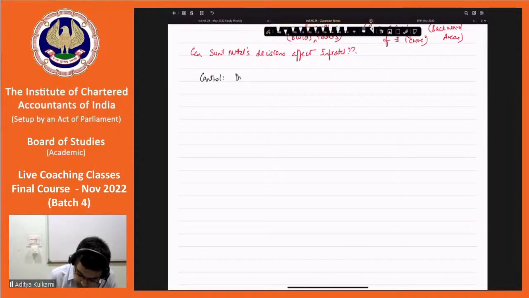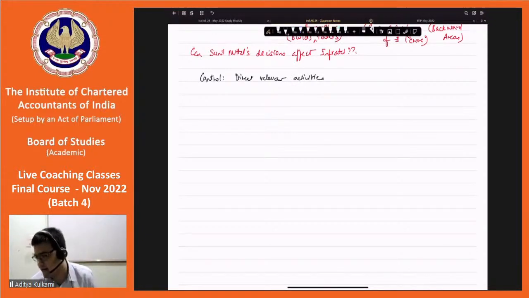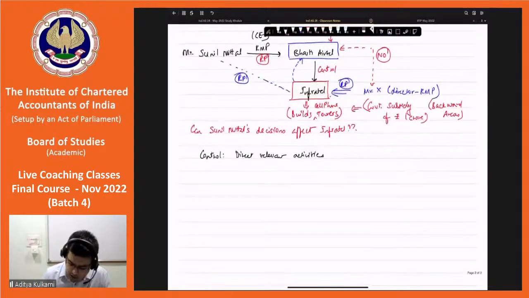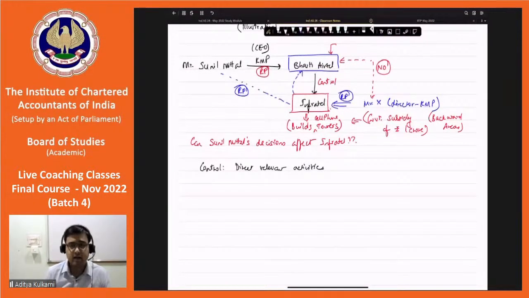Control means direct relevant activities. That means what? Bharti Airtel will tell Infratel where you put a tower, where you will not put a tower. Can Bharti Airtel do so? Yes. Why can it do so? Because it has control.